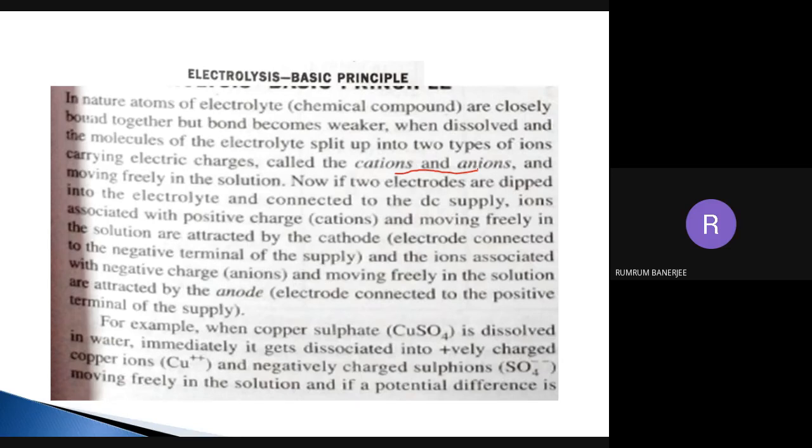Now, if two electrodes are dipped into the electrolyte and connected to the DC supply, ions associated with positive charge, cations, moving freely in the solution, are attracted by the cathode terminal of the supply. Ions associated with negative charges, known as anions, moving freely in the solution, are attracted by the anode.